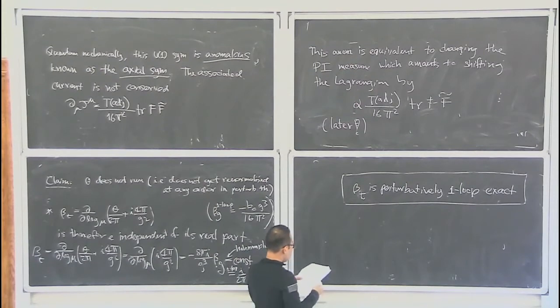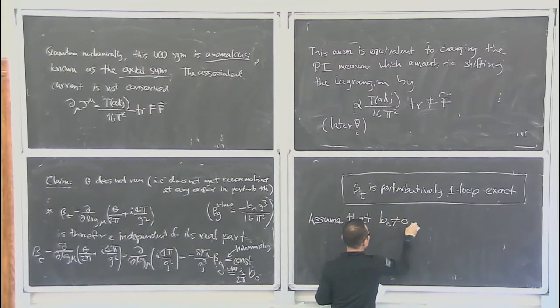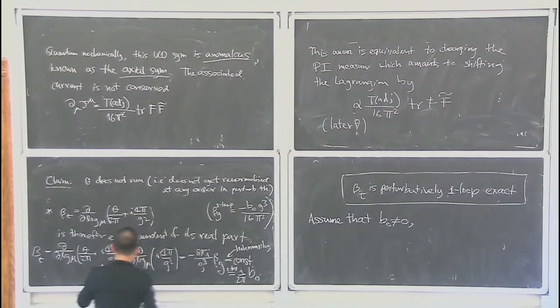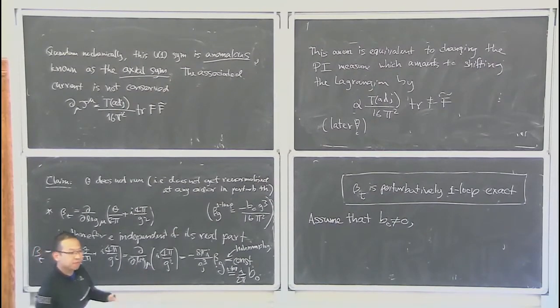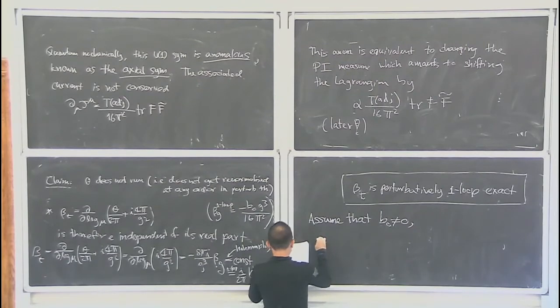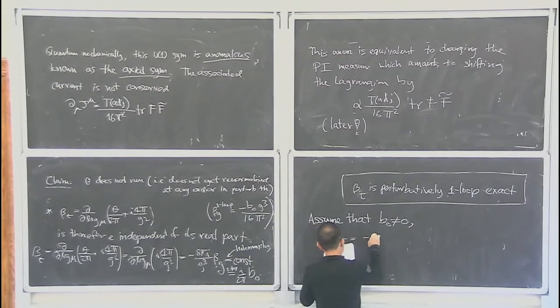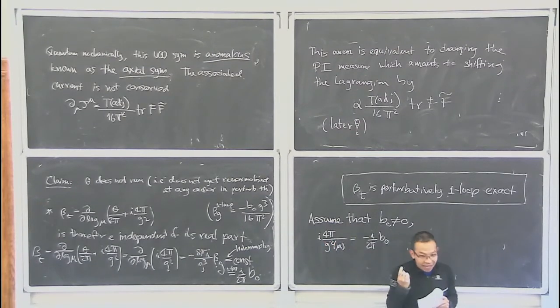Okay. Let's assume that beta_0 is not 0, okay? So you can integrate this equation further. So you have 4 pi i over g squared, where g depends on mu, equal to minus i over 2 pi beta_0, and once you integrate, you get an integration constant, right? Let me call it big lambda.